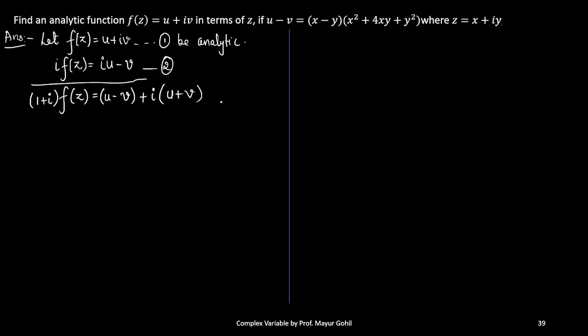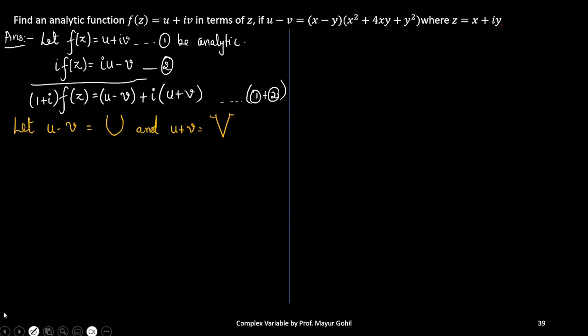This is what we get when we add equations 1 and 2. Now we allow u minus v to be capital U and u plus v to be capital V.